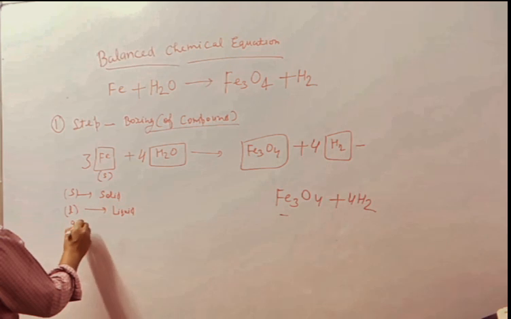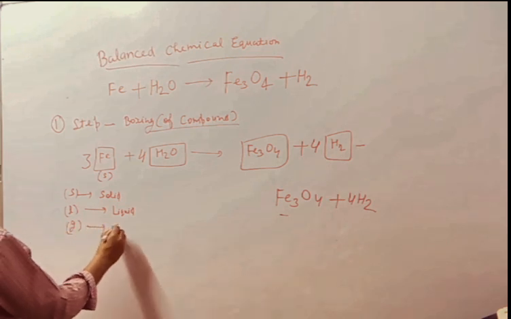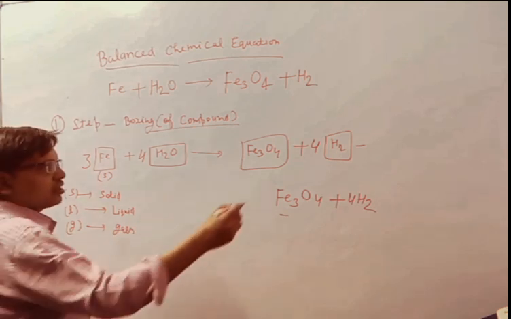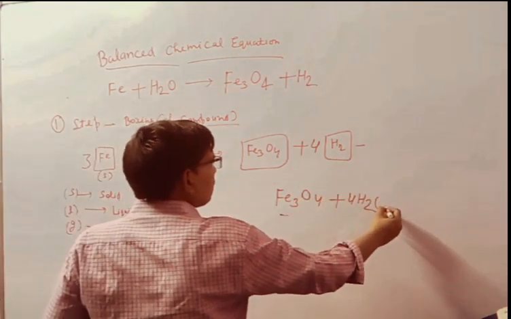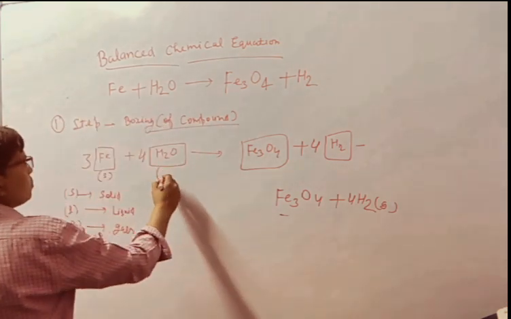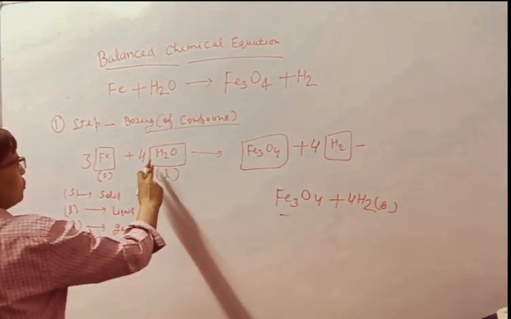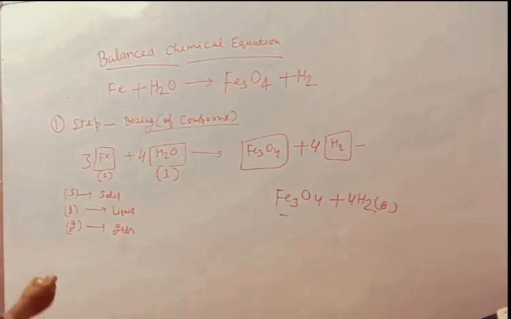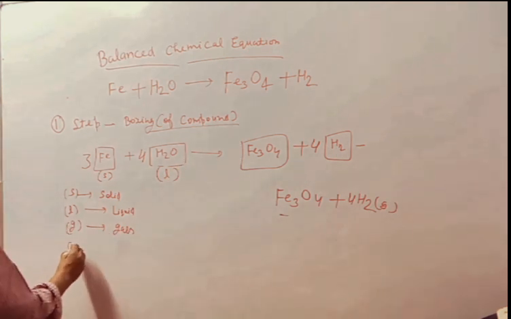If there is the gas g, g means the gaseous state, a gas is released. Here we can write down the gas. In the H2O we can write down the l, l is the liquid. And there is also some symbol aq.